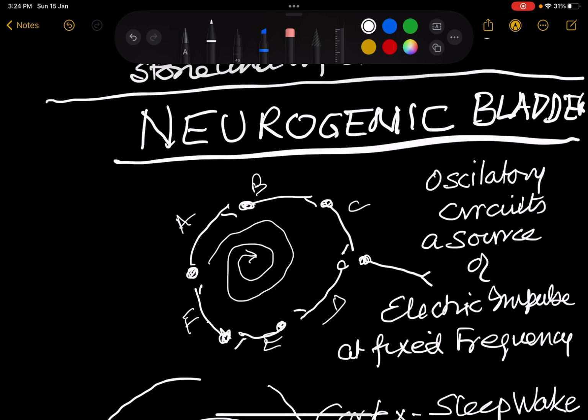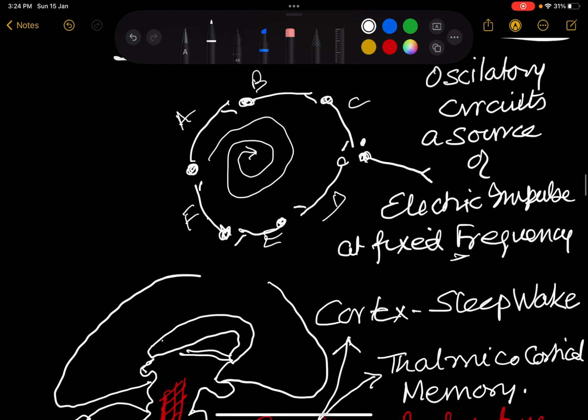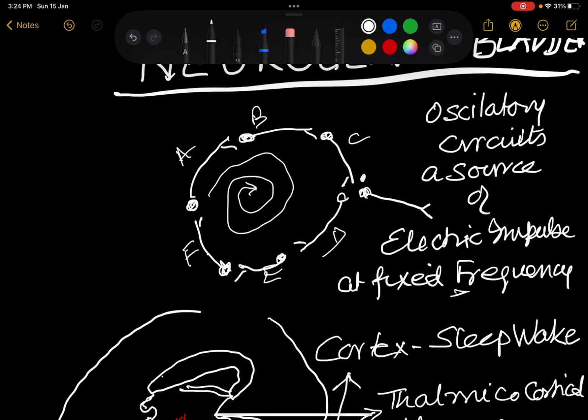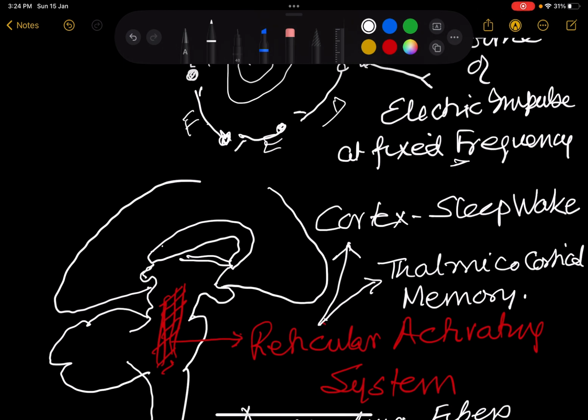And at a fixed point, you will have an electrical impulse at a fixed frequency. These oscillatory circuits are found in the reticular activating system, which is in the midbrain, the pons, and the medulla oblongata. From the reticular activating system, there are ascending fibers which can go to the cortex. The more the activity, the more you are awake, and the less the activity, the more you sleep.